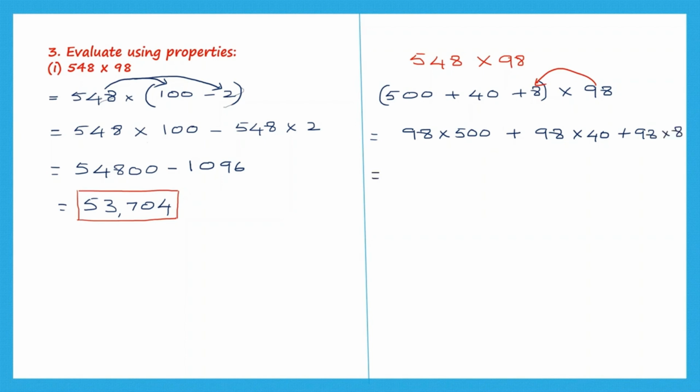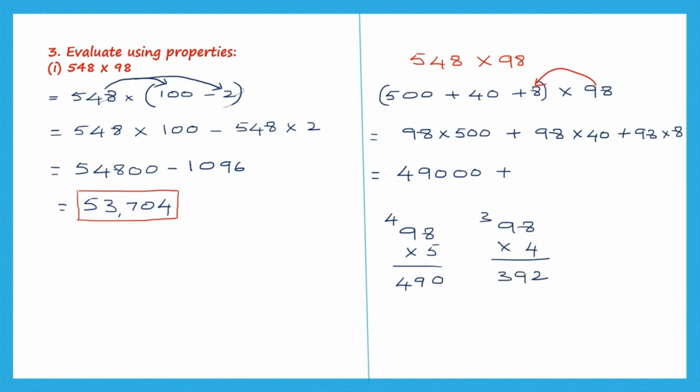Now let's multiply 98 into 500. That will be 98 into 5. Multiply only by 5. Then you can add the two zeros. 5 8s are 40, carry 4. 5 nines are 45 plus 4, 49. So here we'll write 490 and add the 2 zeros. Plus 98 into 40, that is 98 into 4. 4 8s are 32, carry 3. 4 9s are 36, plus 3 is 39.